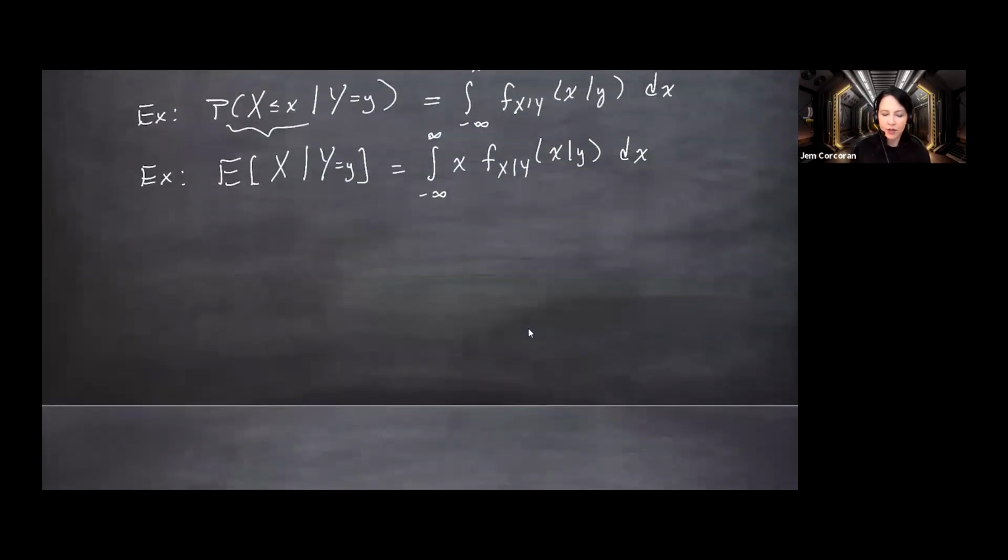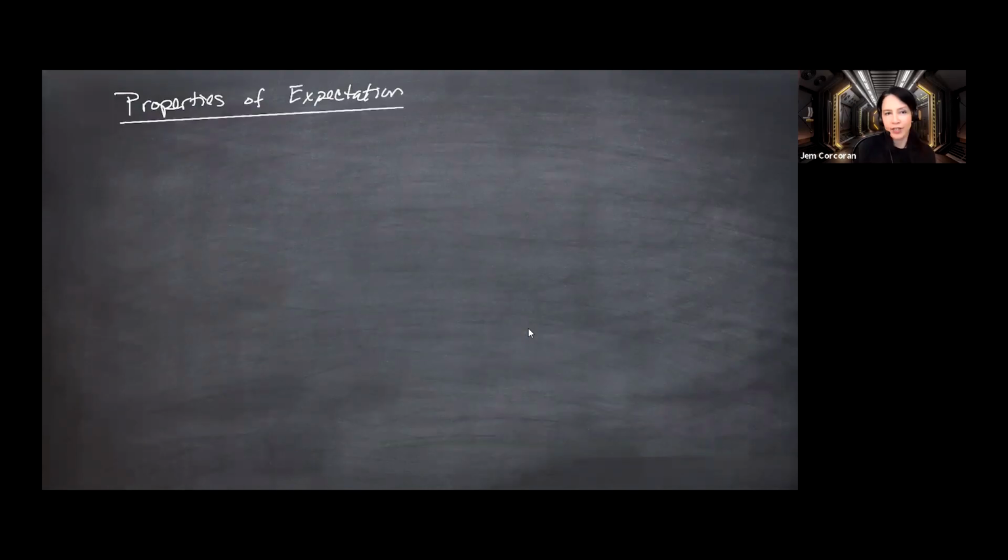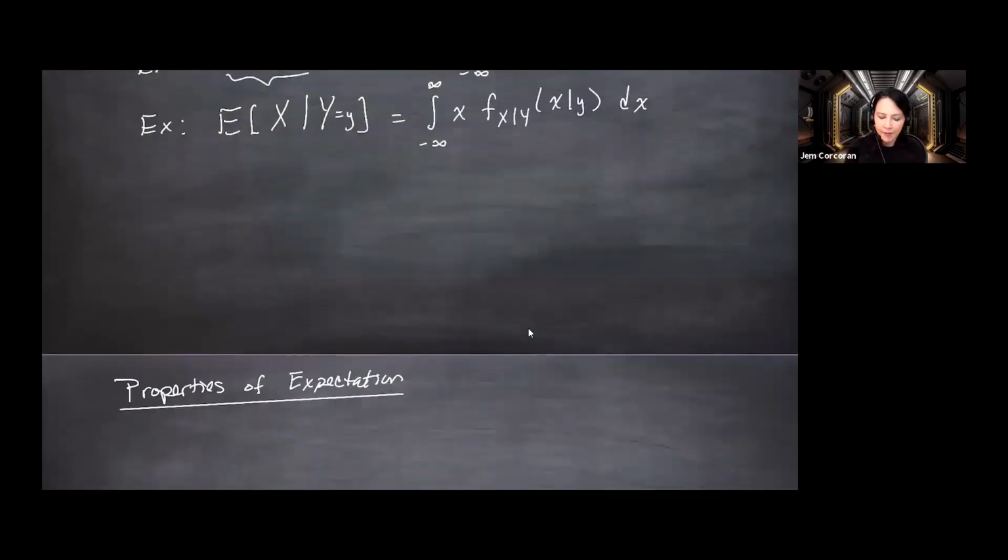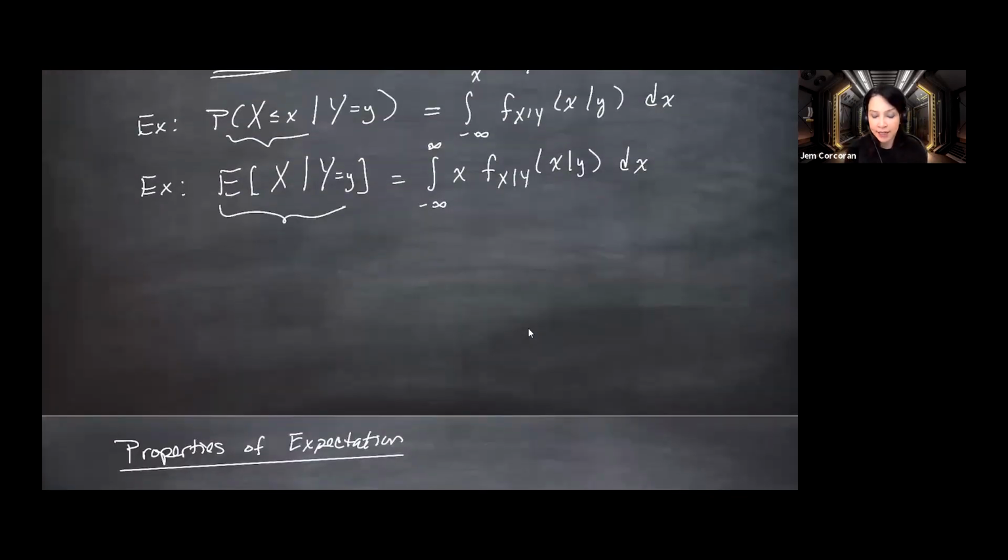So here are some properties of expectation. Actually, before this, I'm not going to go through all of the properties of expectation, but this is just an expectation against a PDF. I wouldn't really use this notation because it often means something else in statistics.